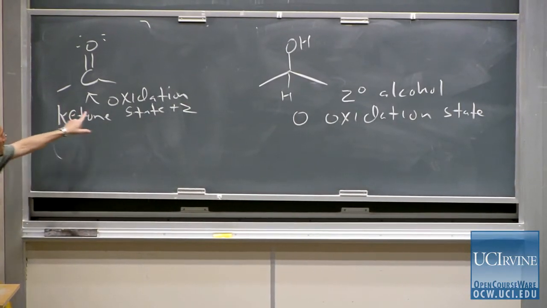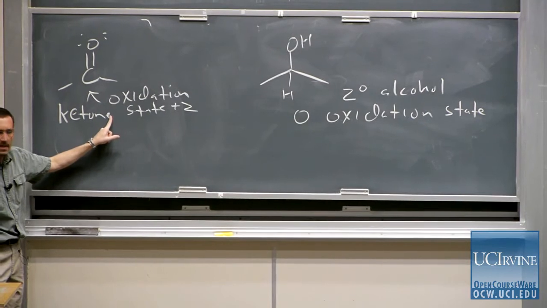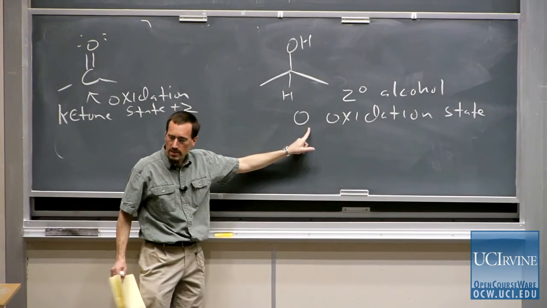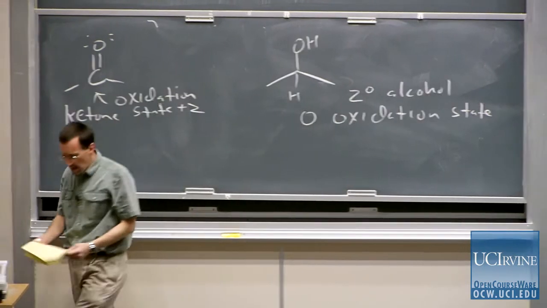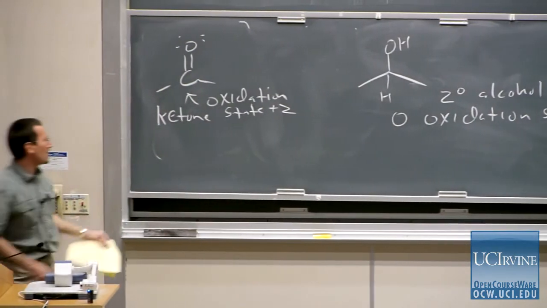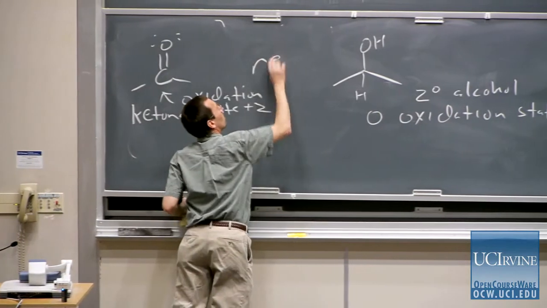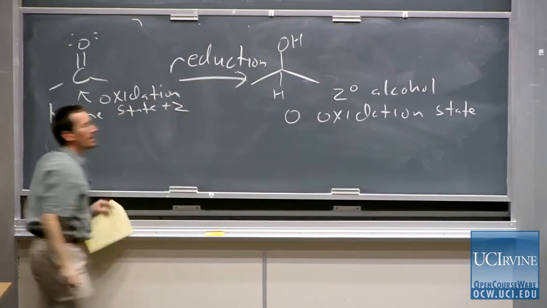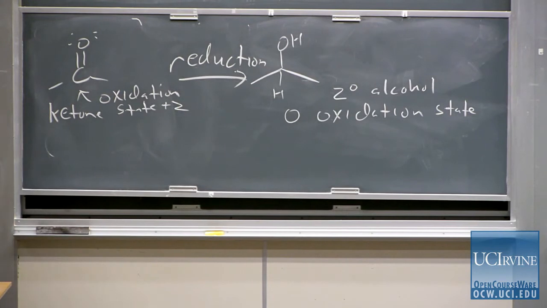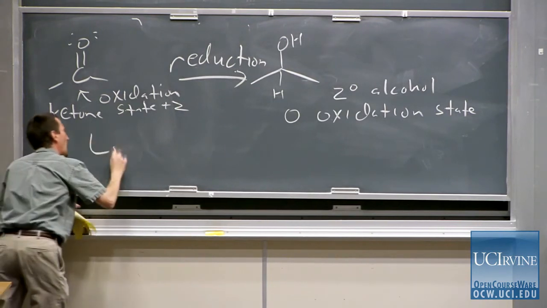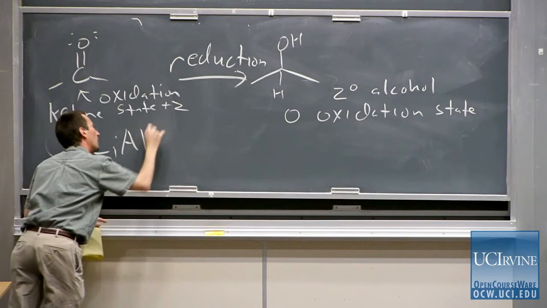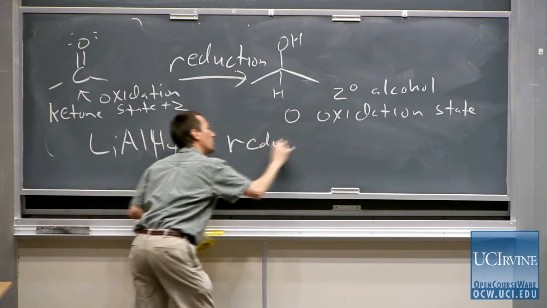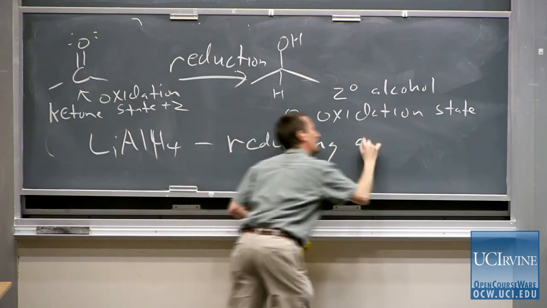So if you notice, by going from an oxidation state of +2 to an oxidation state of 0, we have undergone a reduction reaction. And the chemical that's done it then, our lithium aluminum hydride, is a reducing agent.